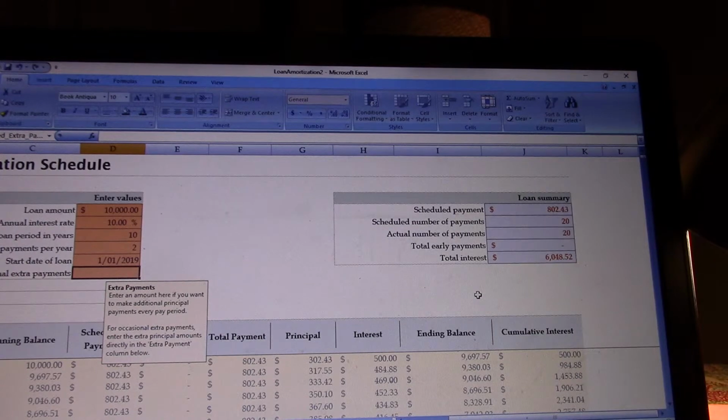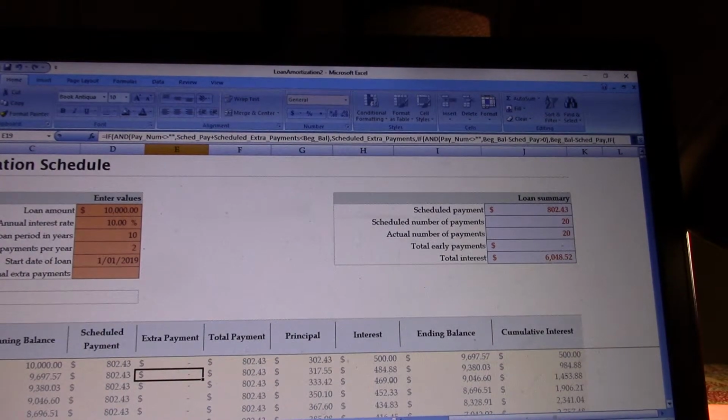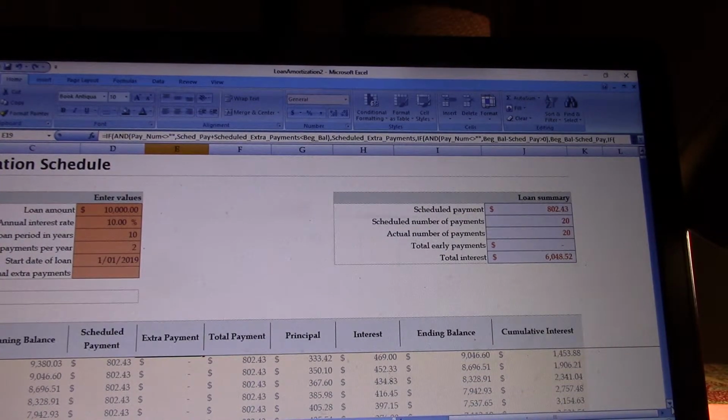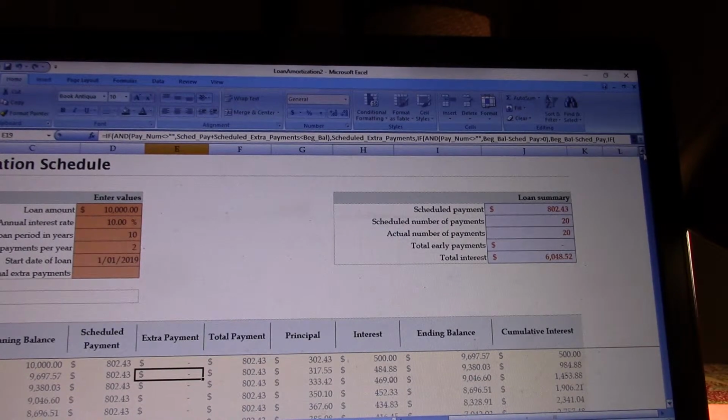We want the first 2 payments. So you see this amortization table. Beginning balance is just how much the debt is at the beginning of each payment. So of course it's $10,000, the total debt before you make any payment.